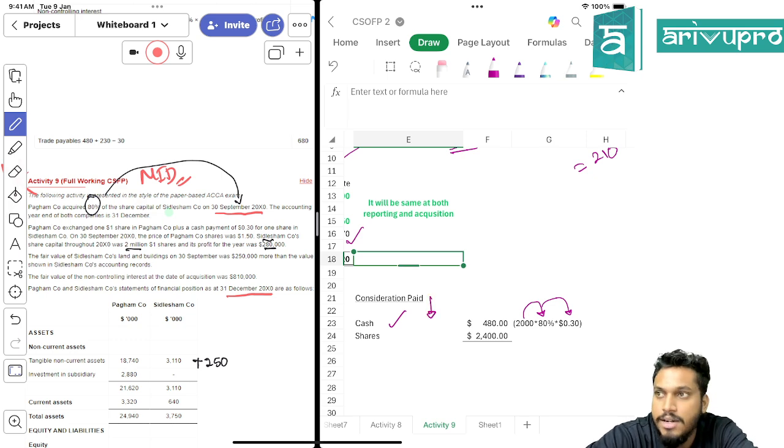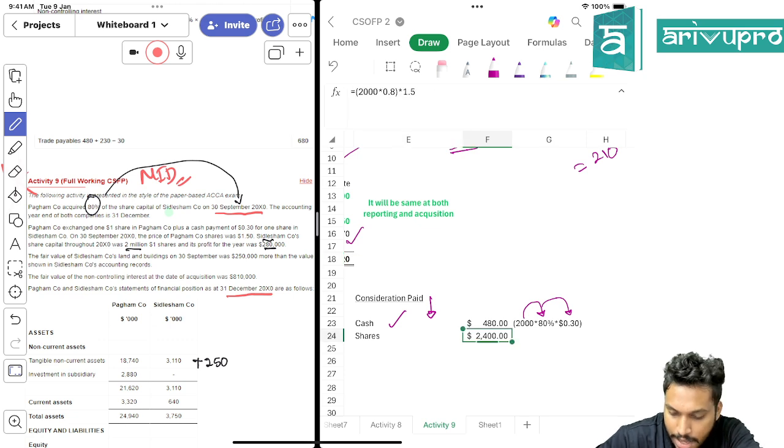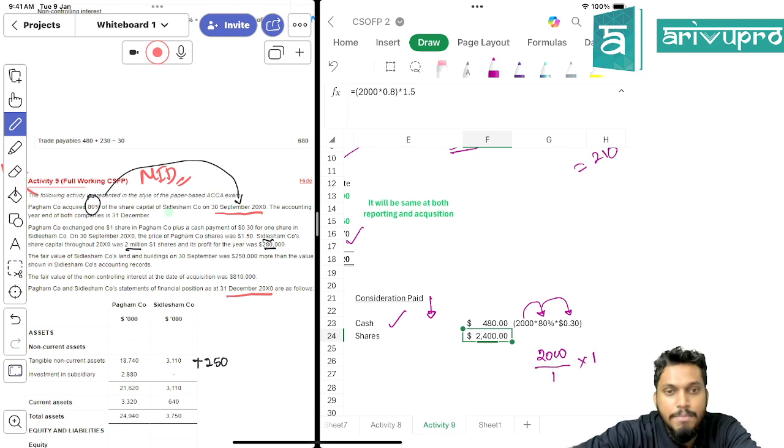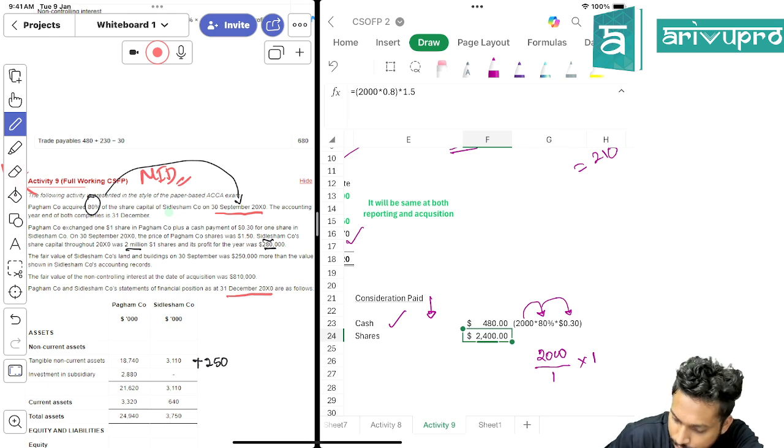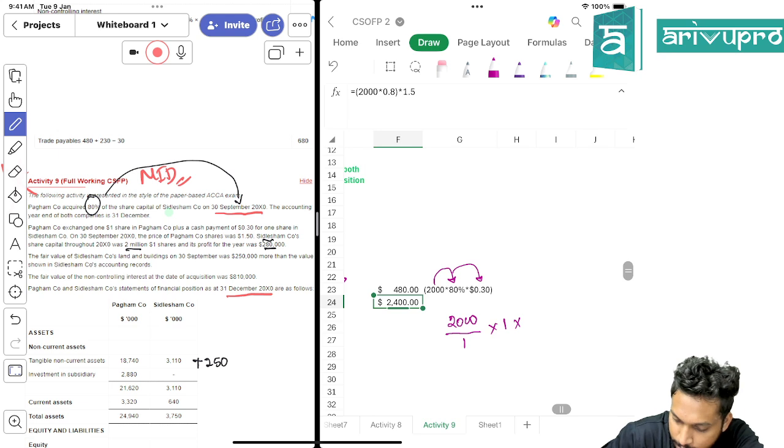Is it the total consideration paid? No. The other portion you are bearing by shares. First you need to understand there are 2000 shares. For every one of his, you are exchanging one of yours at a price of 1.5. Of this, 80% is belonging to you.